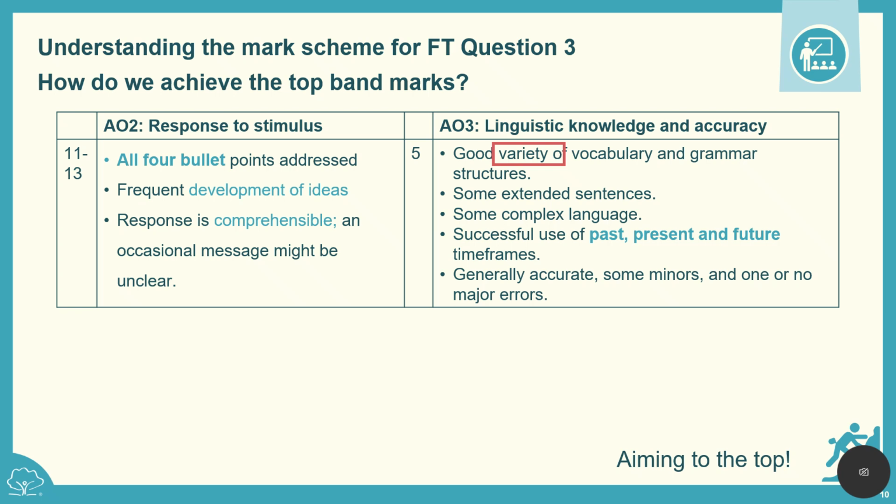For example, if you are describing the school and you just say, en mi colegio hay un laboratorio, in my school there is a lab, that is not developed. But if you say, en mi colegio hay un laboratorio donde hacemos experimentos y tenemos las clases de ciencias, that's much better. In my school there is a lab where we do experiments and we have science lessons. So make sure you develop your ideas.